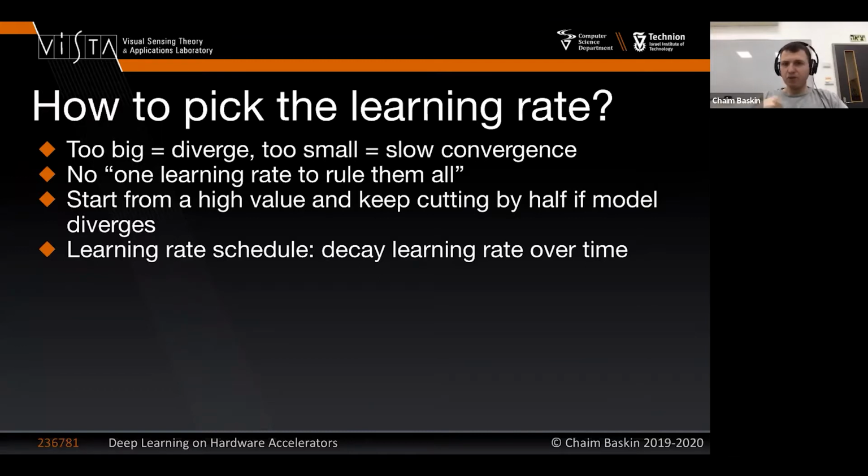Hint: start from a high value and keep cutting it by half if the model starts to diverge. With a learning rate schedule, we want to decay the learning rate over time, multiplying by some fraction each iteration.